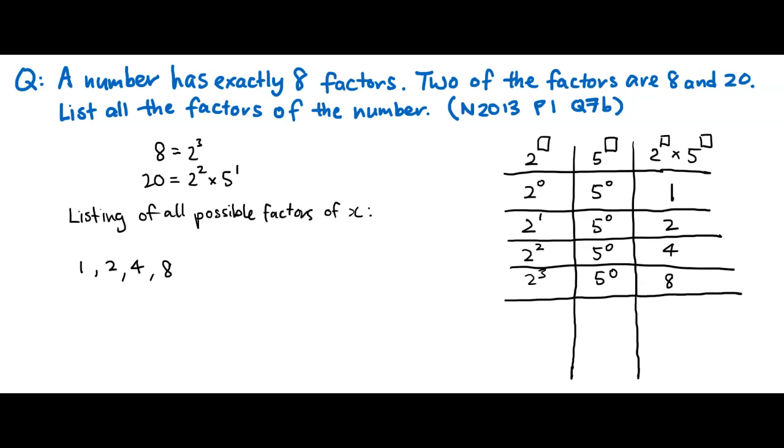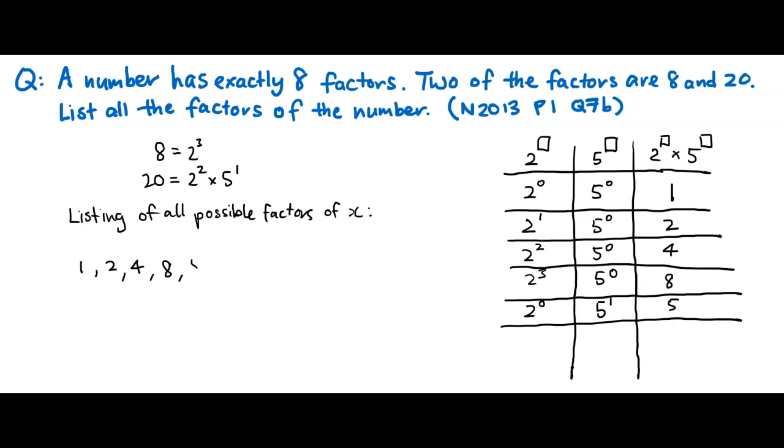Now I'm going to raise 5 to the power 1, so that we eventually exhaust all the other possible combinations with 5 to the power 1. So we start from 2 to the power 0 over again, which is just 1, and this gives 5.